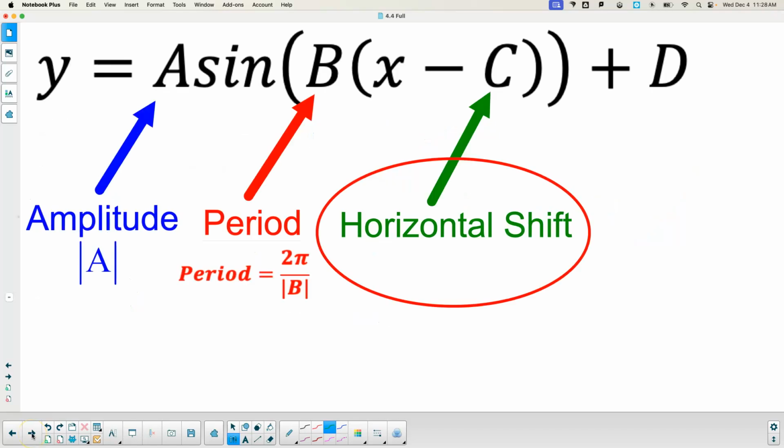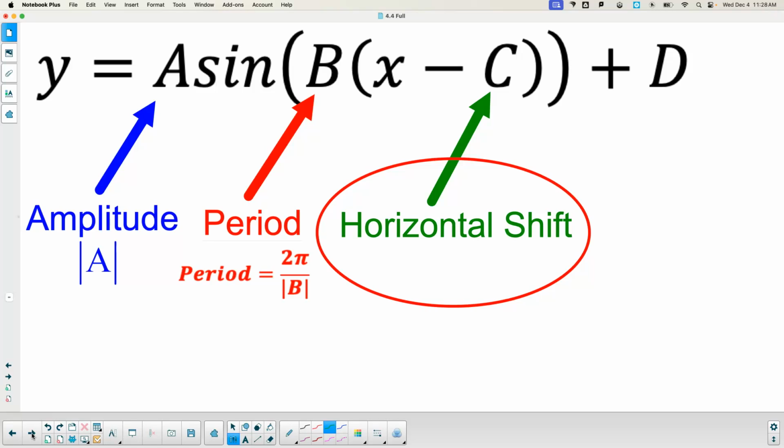All right. Let's add in C. What C does is C is going to horizontally shift our function. Now, the kicker is, because C is inside the parentheses, we have to think opposite.